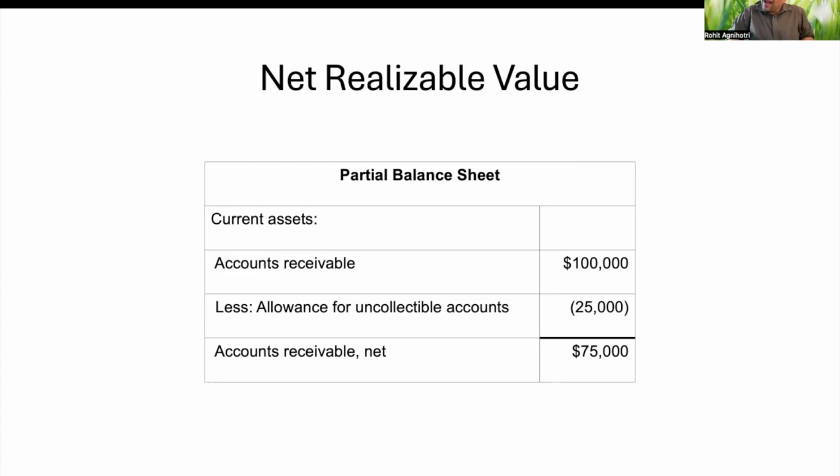It gives you your net realizable value of accounts receivable. So please remember, if you ever see a question about calculating net realizable value, there is no need to get confused. All you do is take your accounts receivable balance and subtract your allowance for uncollectible accounts balance, and you get your answer.